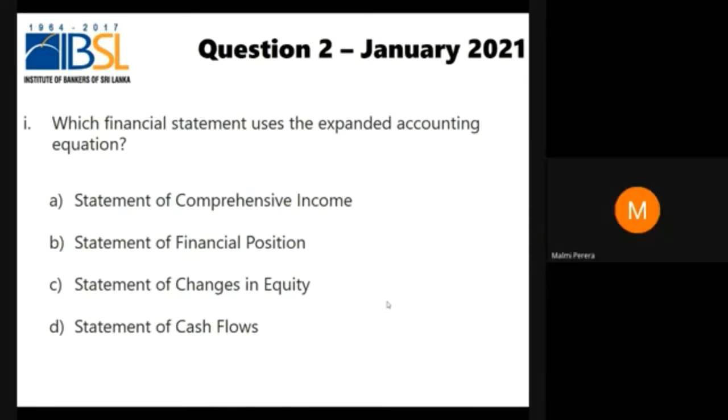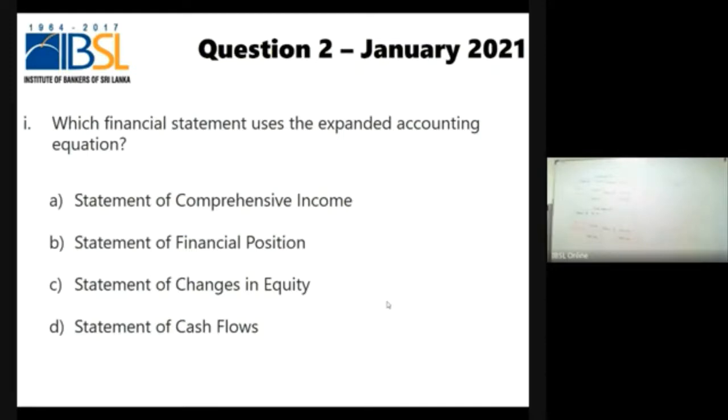Assets plus expenses equals capital plus income plus liabilities. Yeah, but we don't say assets plus expenses. Expenses has to go to the other side. Okay? So assets will be equivalent to liabilities plus capital plus income minus expenses minus dividends. Can you remember?